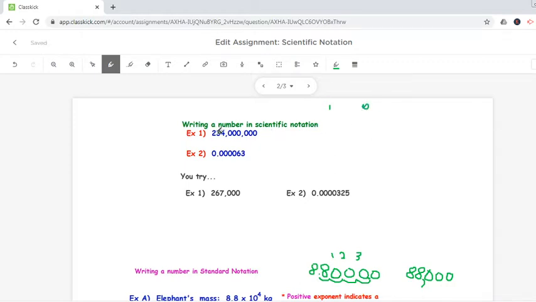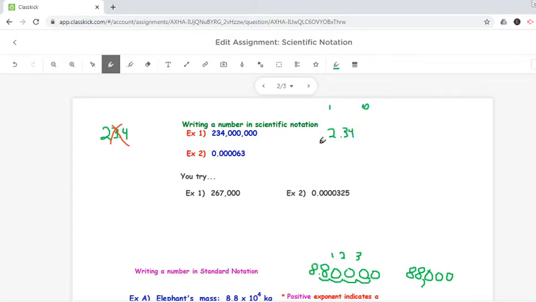So we'll do 2.34 because 2.34 can go between 1 and 10. If it was, let's say, 23.4, that cannot go between 1 and 10. So it cannot be 23.4.